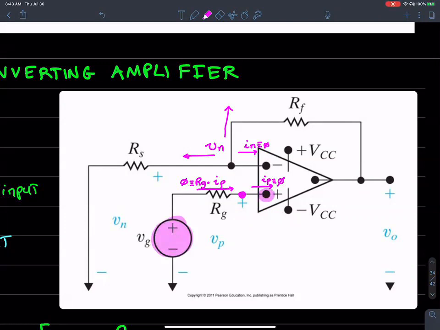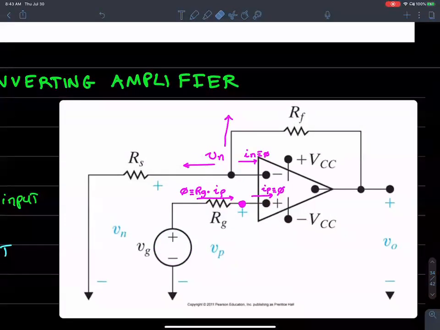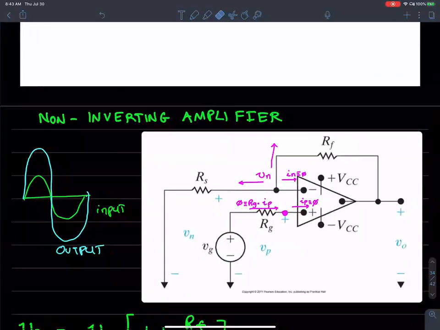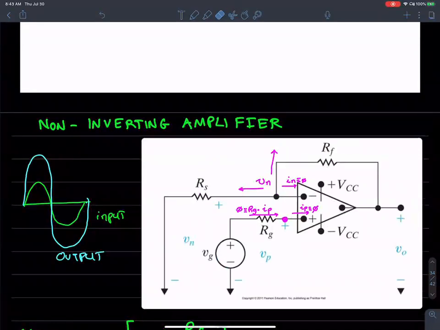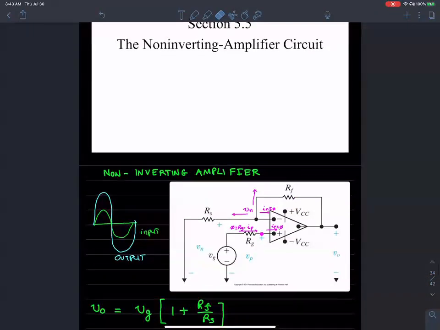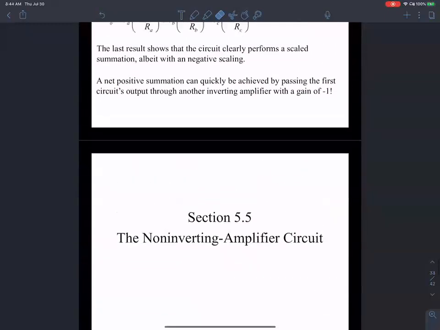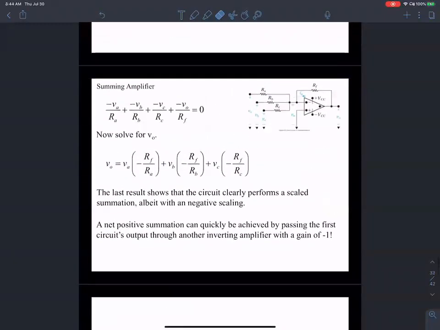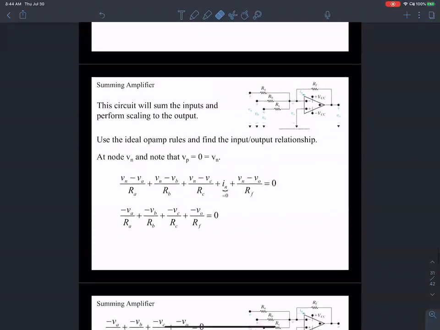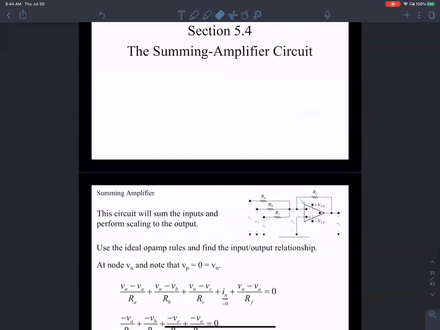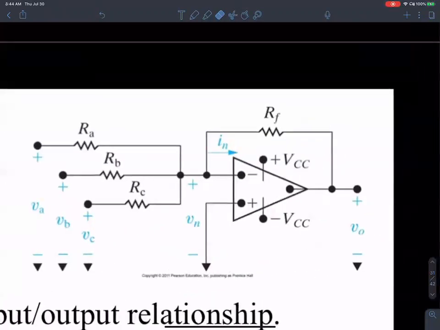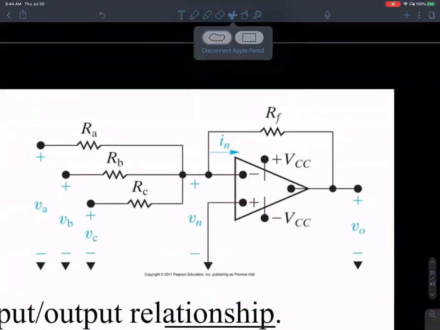It behaves as a non-inverting amplifier. All right, let's go back. So we're jumping back and forth in the three configurations that we discussed so far. The summing amplifier. Let's see if we can do the analysis for this guy.